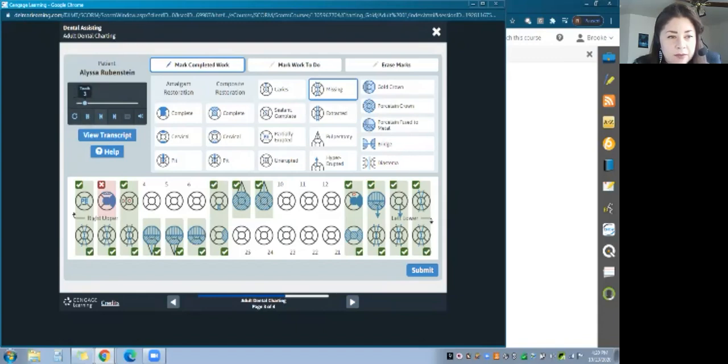Okay, so let's erase it and start over. Number 2 has a Class 5 restoration on the buccal and a MO. It has a Class 5 restoration on the buccal.